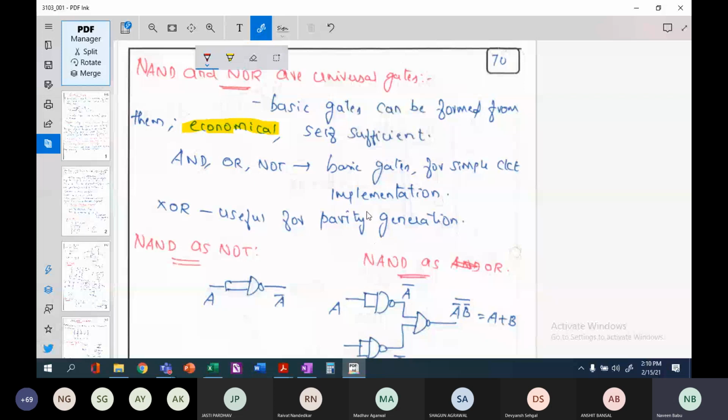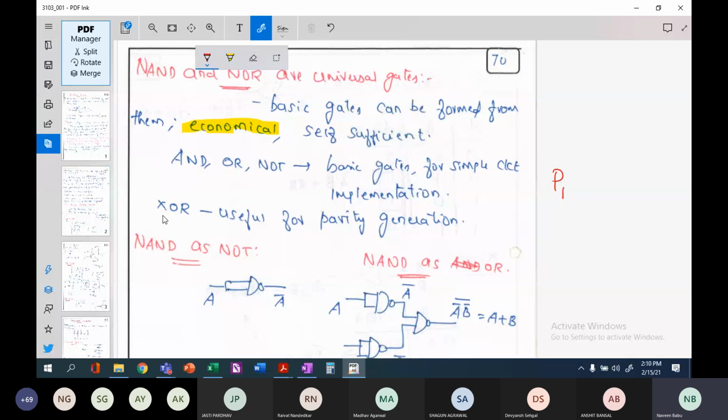What do you mean by parity generation? You just studied odd parity and even parity, right? How are those circuits generated? Say for example, you just studied a Hamming code where your parity bit P1 will check if it's an even parity or an odd parity, that is, check for an even number of ones or an odd number of ones respectively. Somebody asked, why are we studying this XOR gate as an odd function gate?